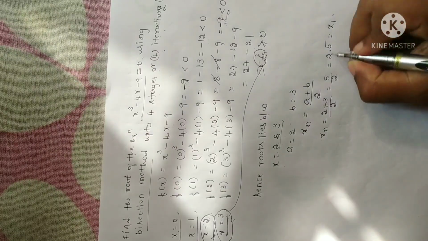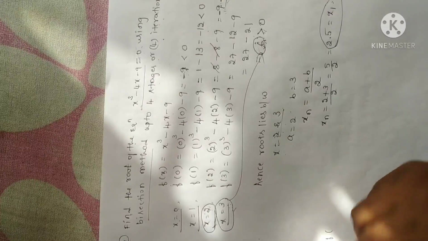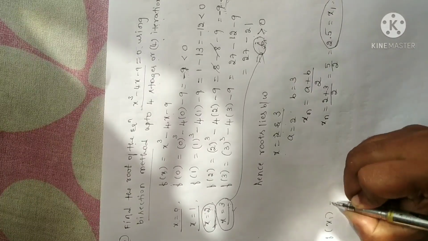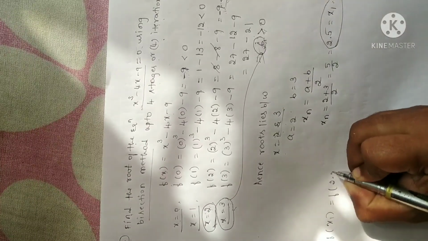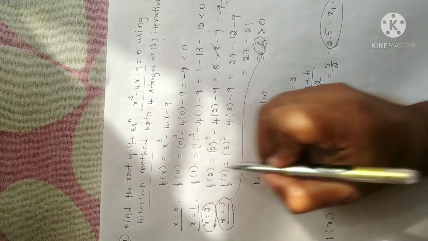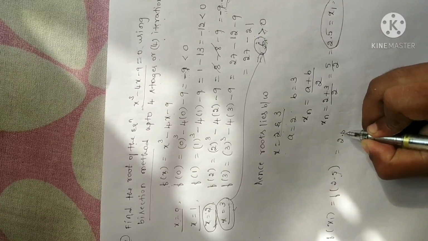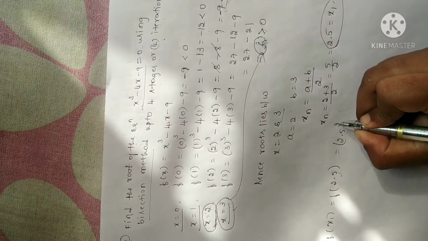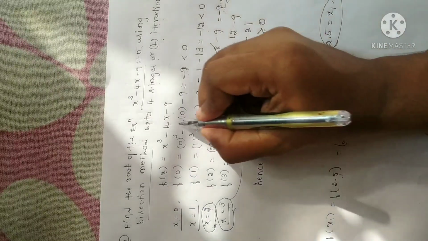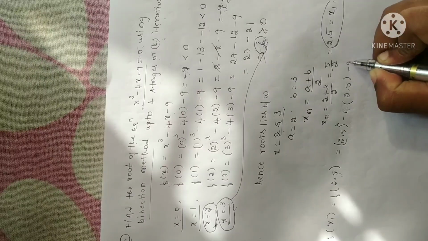Fine. Now calculate the value of f of x1. f of x1 means f of 2.5. In the sense, wherever f of x is there, in place of x, replace with 2.5. So let me replace: 2.5 whole cube minus 4 into, in place of x I am replacing 2.5, minus 9.